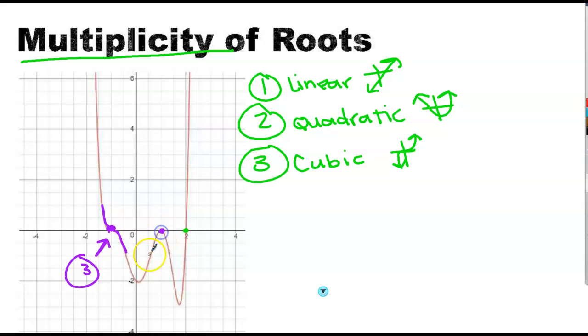Then if I look at this one, this shape is a quadratic shape, so that would be a multiplicity of 2. And finally, this shape crossing through the axis would be just a straight line, so that would be a linear multiplicity, or multiplicity of 1. Okay, you'll need that for what we're about to do next.